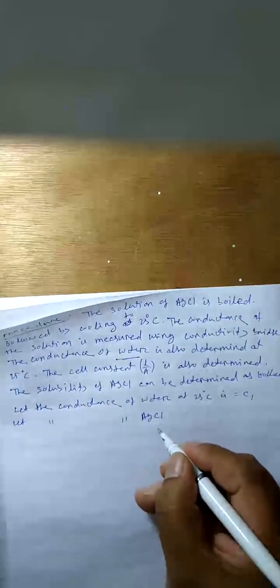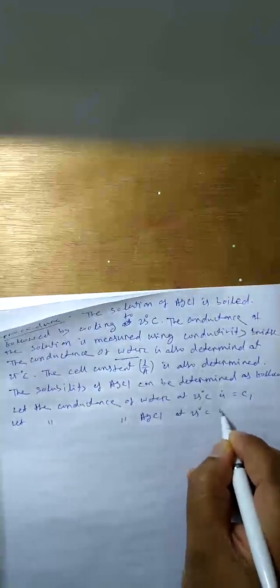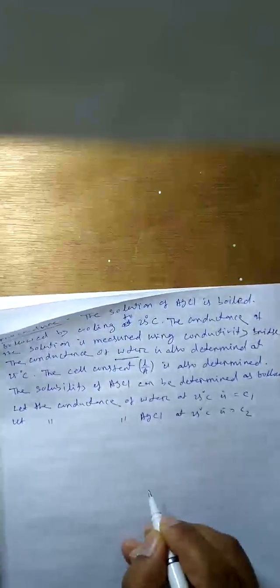Let the conductance of the silver chloride solution be C2. Silver chloride solution means when you add silver chloride in water, boil it, followed by cooling to 25 degrees centigrade. Then the conductance of the silver chloride solution.